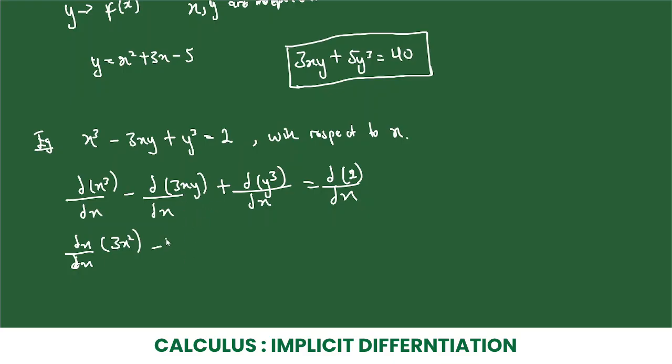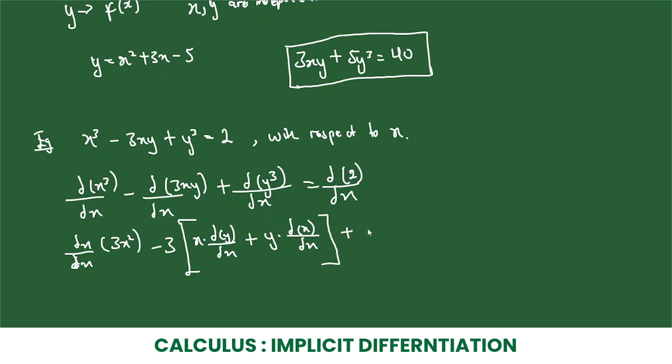So let's take the constant 3 out. And then according to the product rule, if you have two functions multiplying each other, you maintain the first one, then you multiply it by the derivative of the second one, so x dy/dx, right? Plus, then you maintain the second one, then you multiply it by the derivative of the first one, so y dx/dx, right?